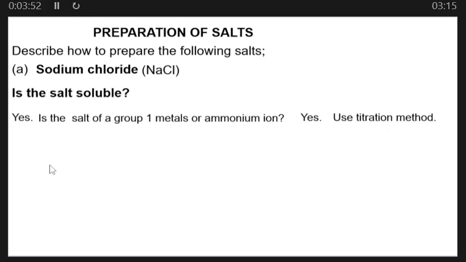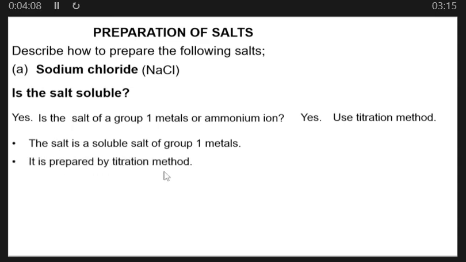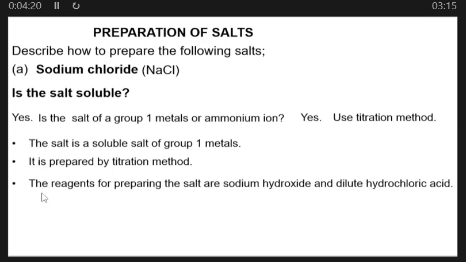All right, so we have concluded that the salt is a soluble salt of group 1 metals, and that it is prepared by the titration method. If this salt is prepared by titration method and it is a salt of a group 1 metal, then the reagents for preparing the salt are sodium hydroxide and dilute hydrochloric acid.